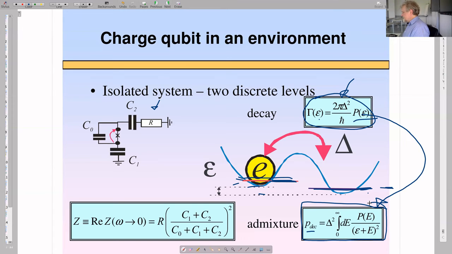Good, so we have the quantities which are affected by the environment, and we would like to understand what happens to the qubit if it is embedded in such an environment. The formula which I put here is an effective impedance which is felt by tunneling.